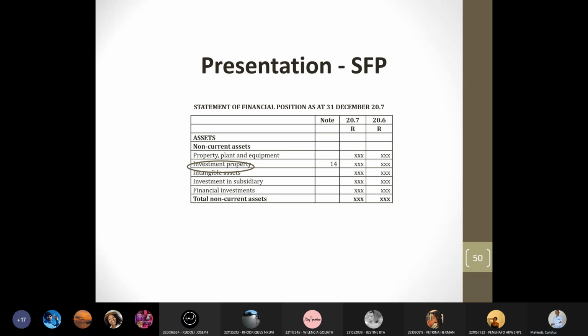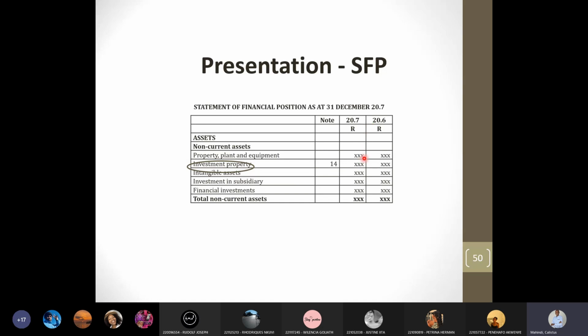Now, how do we present investment property? Investment property is presented in the statement of financial position, and it is classified as a non-current asset. So under non-current assets, you will have a line item that shows the value of your investment property. Obviously we have 2 years here, so these are comparative figures.